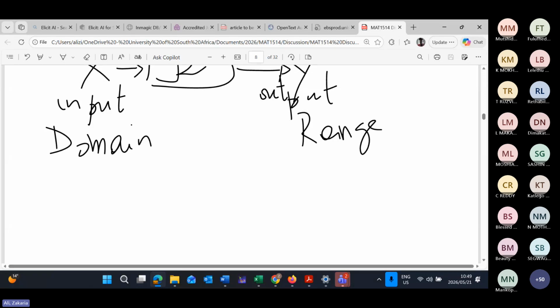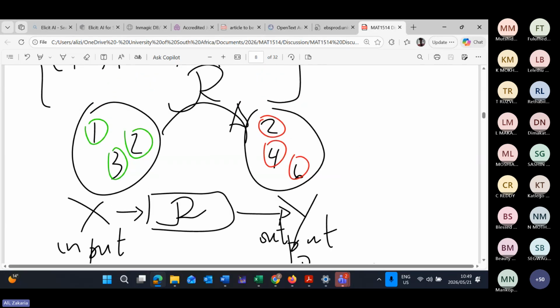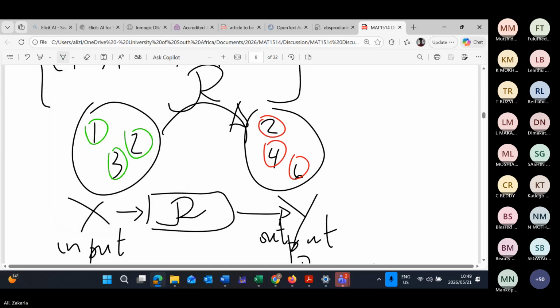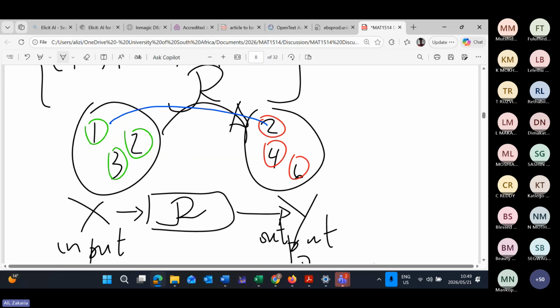Now the question is, you see in this diagram, if I go back and take a different color, maybe blue, the blue is representing, in a Venn diagram, the relation moving from 1 to 2. If I take the yellow color, I see that 2 is related to 4.